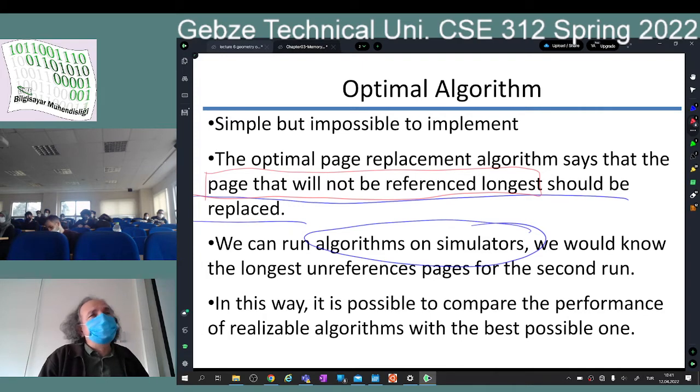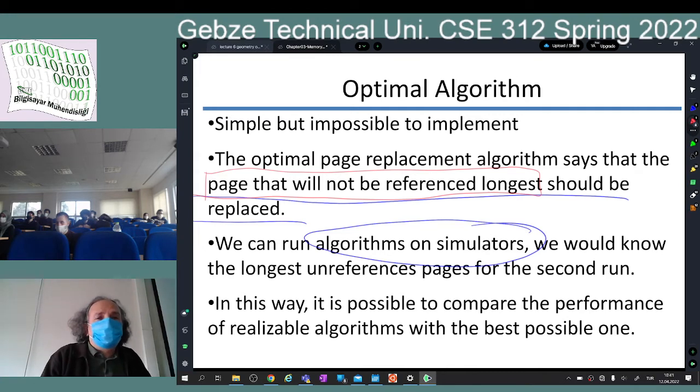Sometimes I say that maybe I should look at the page that was not referenced longest. Maybe I should look at the page that was loaded the earliest, etc. So I will try to make these kinds of approximations, and I will hope that my result will be very similar to the page that will not be referenced longest. Again, it's not implementable. I need to be seeing the future.